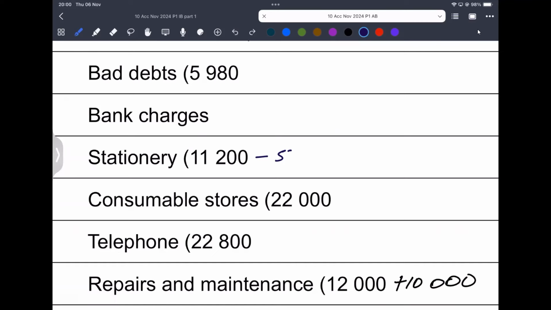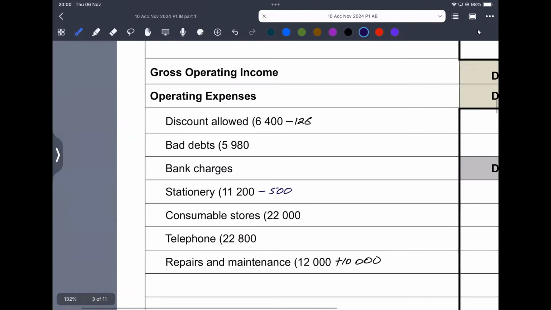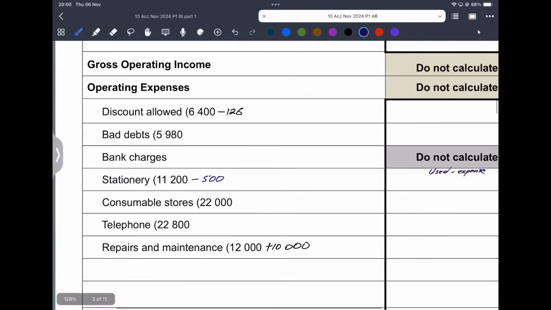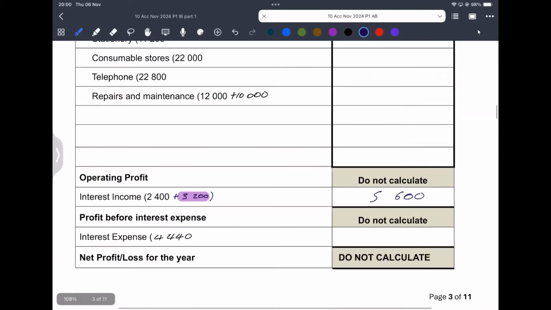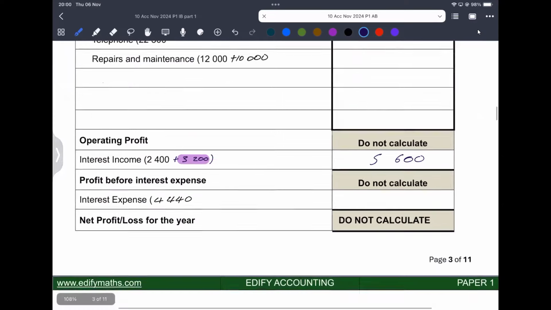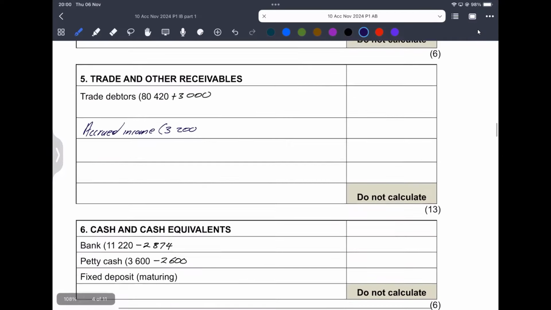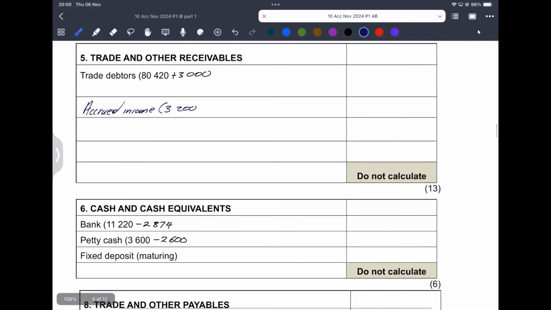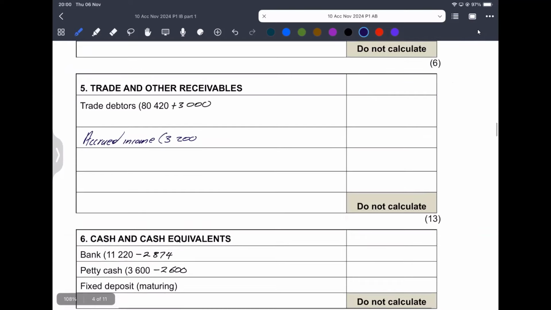How can you use something you don't have? But we have paid for this stationery, and stationery is by nature an expense. It means that we paid for that expense, but it was not delivered.